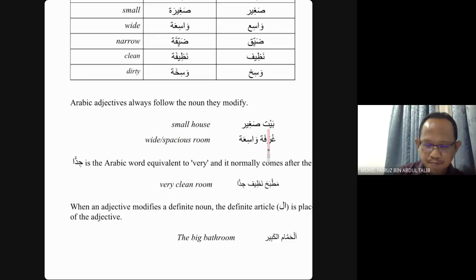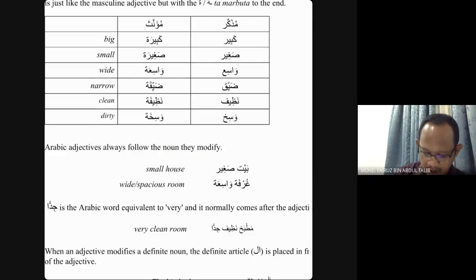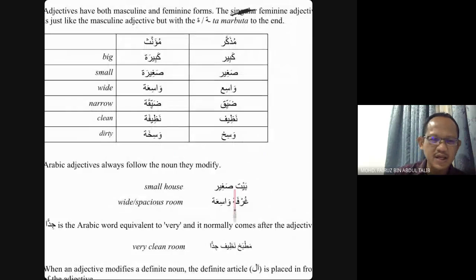House is bait. And small is saghir from the previous lesson, from the previous notes. So we say bait saghir. Yes, you can read also baitun saghirun, but here we just say bait saghir.